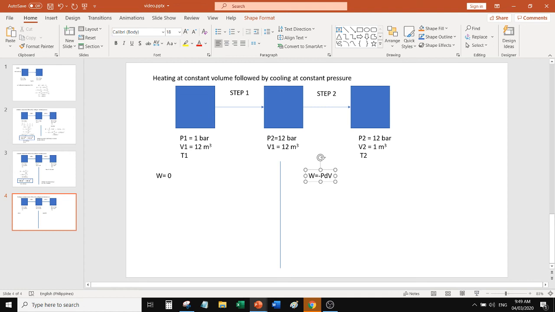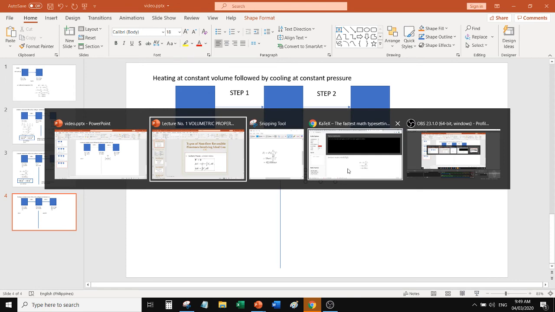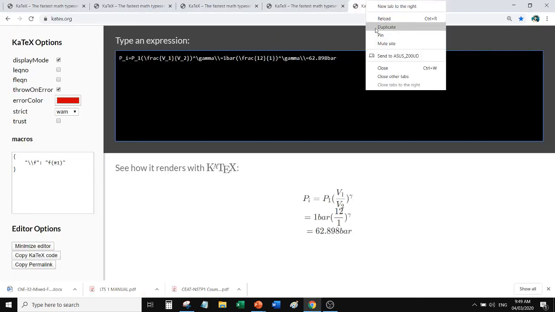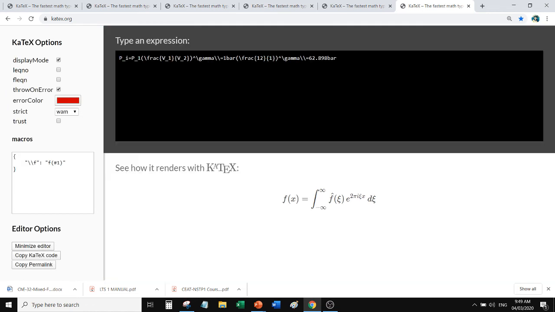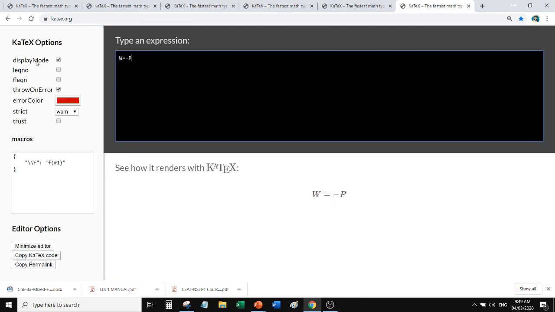Again, we plug in the values. Work is negative integral of P dV. So that's negative P2 times V2 minus V1.